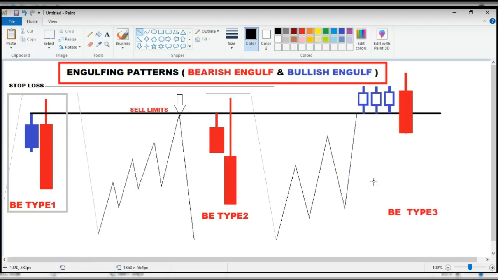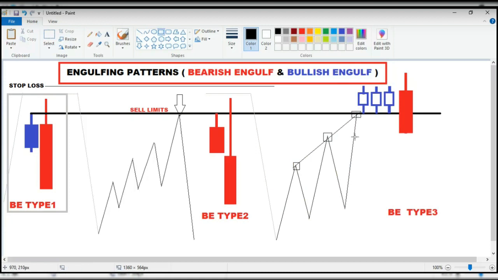So it's 1, 2, 3. So you see all the things that we are studying are complementing each other. So there is nothing where you'd say it doesn't go with this one. So they are complementing. So you need to make sure that you understand the entire concept.